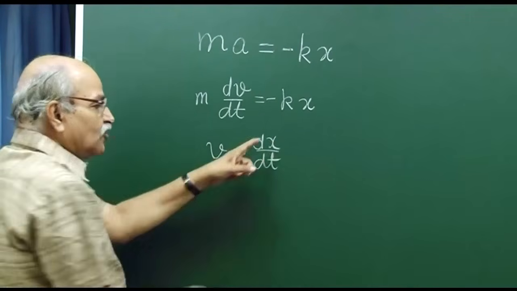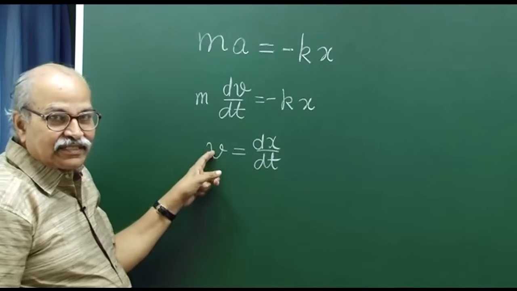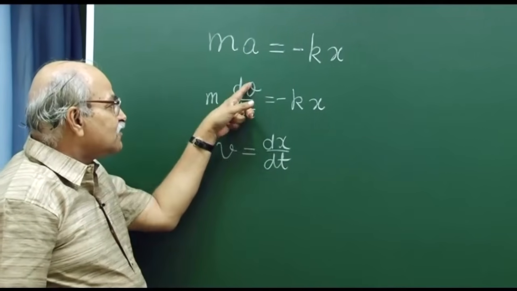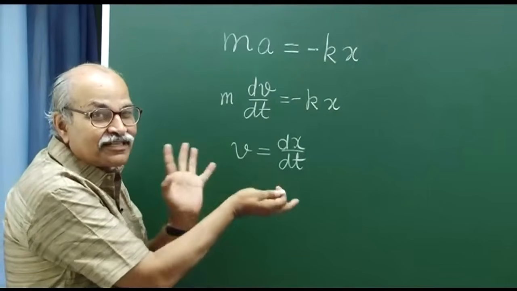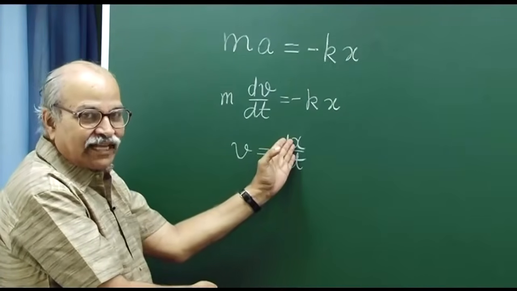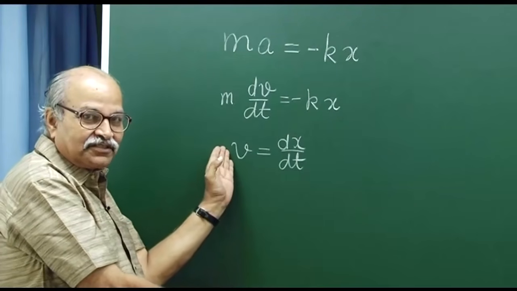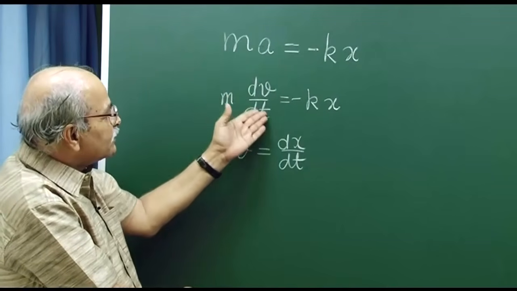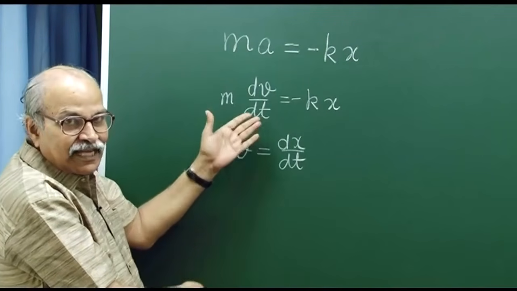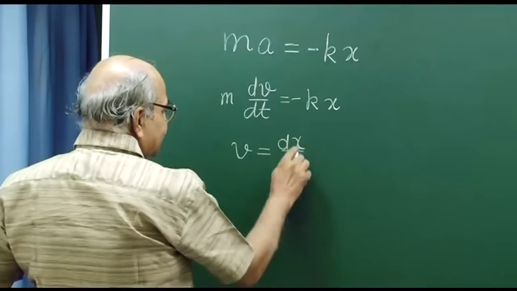Rate of change of position is velocity, and rate of change of velocity is acceleration. So, these are some rules of calculus. If you know x as a function of time, you can get velocity as a function of time, and if you know velocity as a function of time, you can get the acceleration as a function of time. So, there are certain rules, but it is like this.